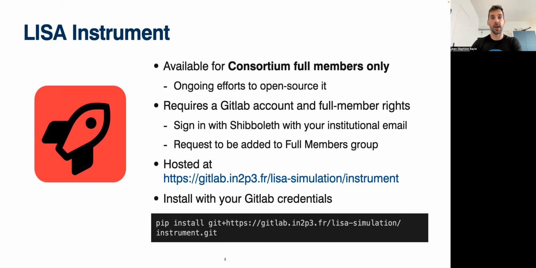Once you've done that, you have access to those projects. It's hosted at the link that you have here on the screen, and you can install the package directly using pip. You just run pip install git plus, and then you input the URL of the project on GitLab.